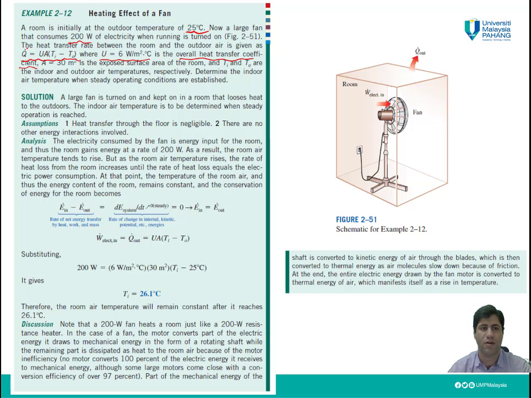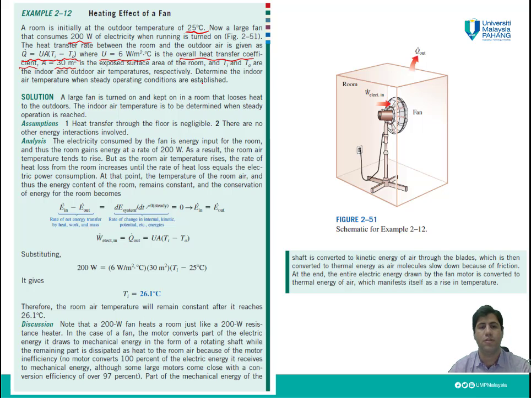So the rate of heat transfer depends on the temperature difference between these two media, indoor and outdoor of the room, and also the surface area A and U, which we have both of. A is 30 meters squared, and it is the surface area of the room, and Ti and To are the indoor and outdoor air temperatures.